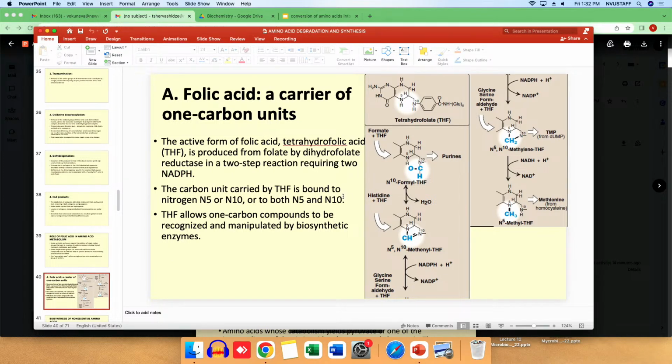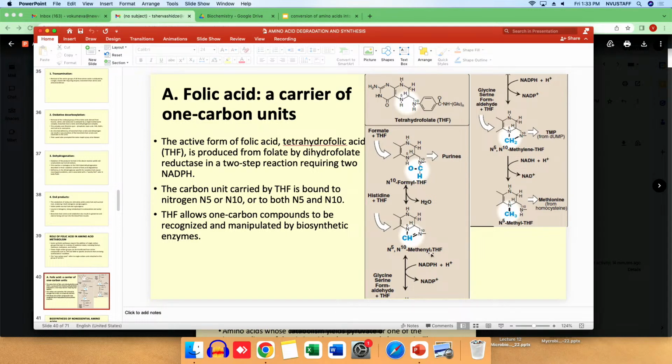Here you will get information about the nitrogen 5 and 10, that is carbon bound. Well, not necessary for you to remember in which carbons you have the binding, but you will see the name N5 and 10 methyl tetrahydrofolate.